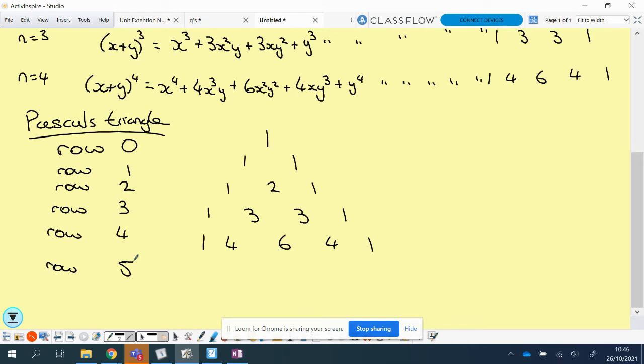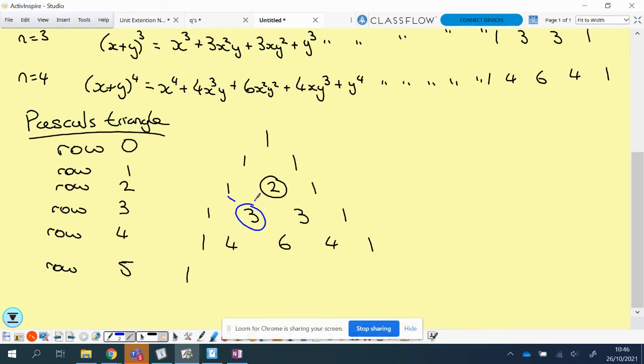It would start off with a 1. Then to get the next one, you add the 2 numbers above it. For example, if you look at this 2, the 2 numbers above it were a 1 and a 1, and 1 and 1 gives you 2. If I then go to, say, let's highlight this 3.